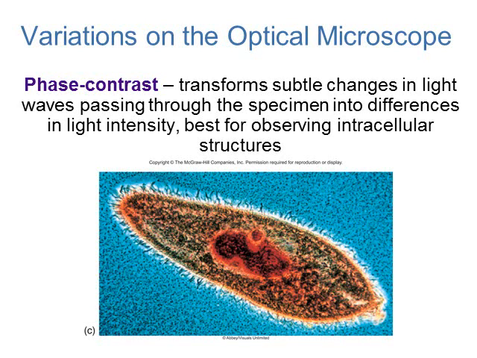Another type of light microscope is called the phase contrast, and this uses subtle changes in light waves that are passing through the specimen, and turns them into different light intensities. These phase contrast microscopes are really good at looking at the inside of your cell. And we have one microscope that does this phase contrast thing.